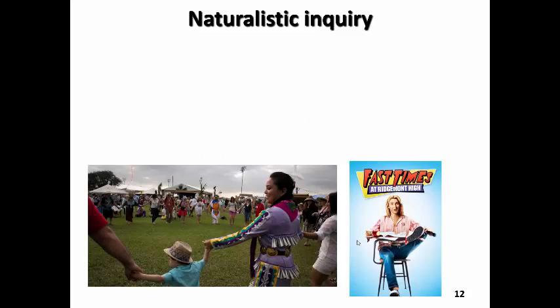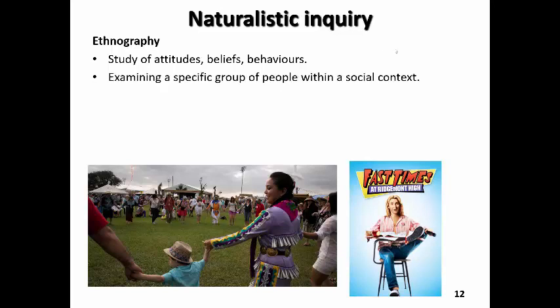The next type of naturalistic approach to take with naturalistic inquiry is what's called ethnography. And ethnography specifically studies attitudes and beliefs, and links those to behaviors within certain communities and certain groups. And this involves examining those attitudes and beliefs, and linking those to behaviors of a very specific group of people within a social context.